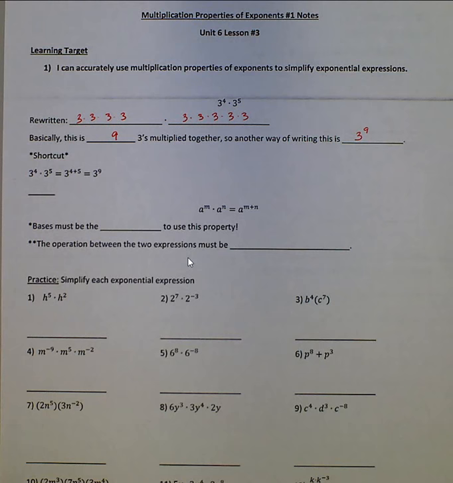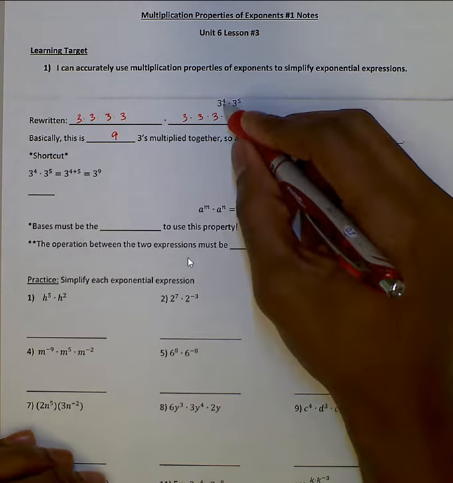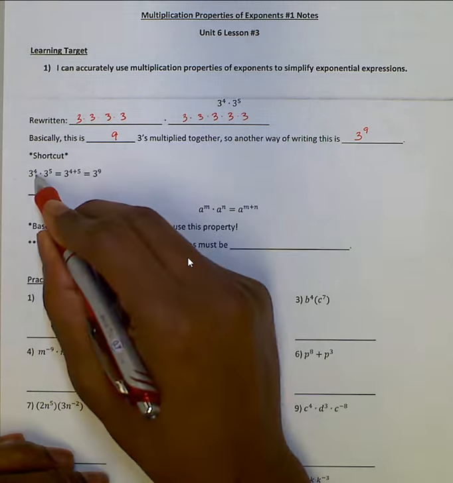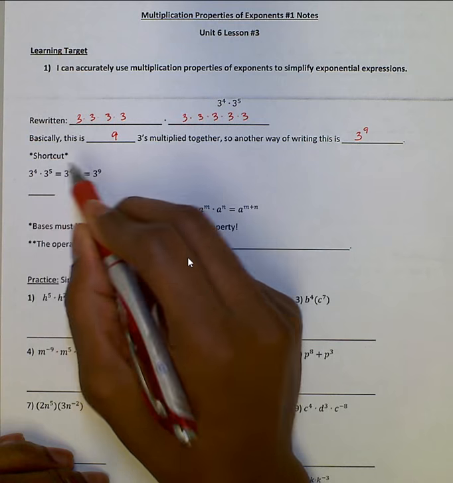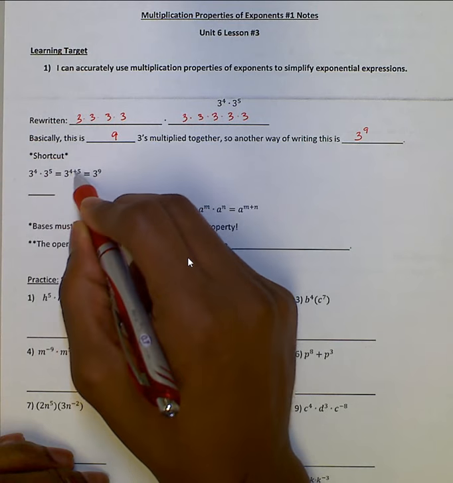Okay, here's the shortcut. Instead of doing anything really intricate, we are able to just add the exponents. 3 to the 4th times 3 to the 5th is 3 to the 4 plus 5, which is 3 to the 9th.